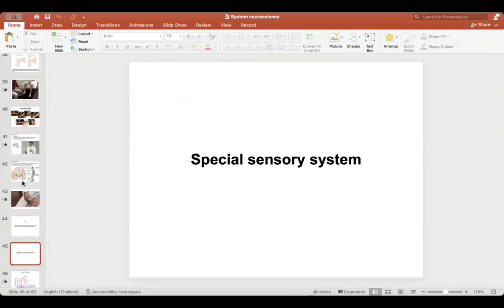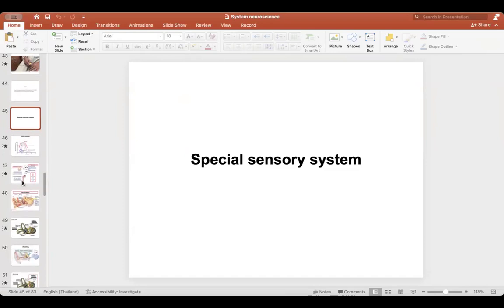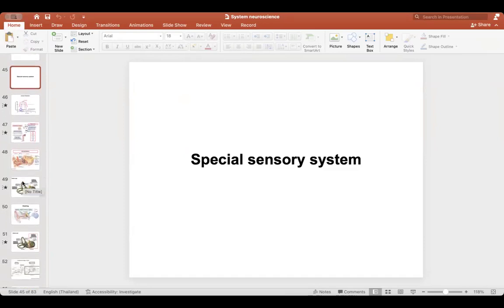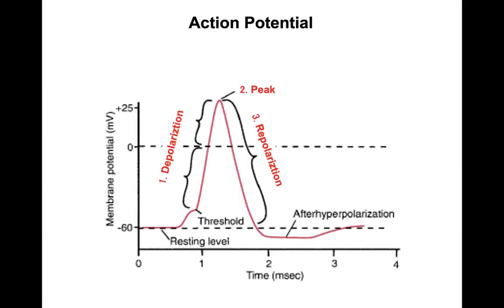Okay, so the next system that we will talk about is the special sensory system. Again, it's another sensory system, but as its name says, special, and we will see how special it is. So recall a little bit when we talked about action potential. During resting, you have a membrane potential of approximately negative 60, depending on what kind of neurons.